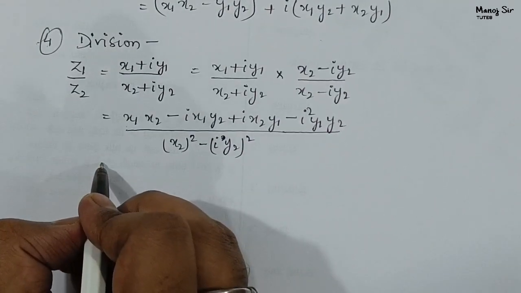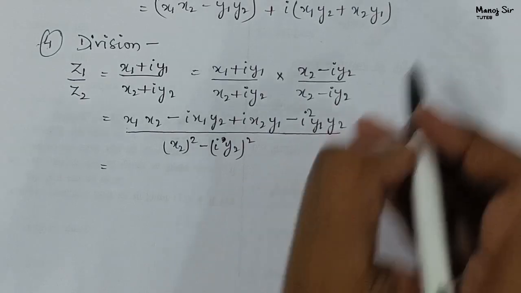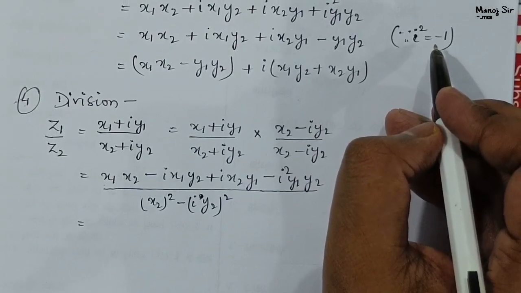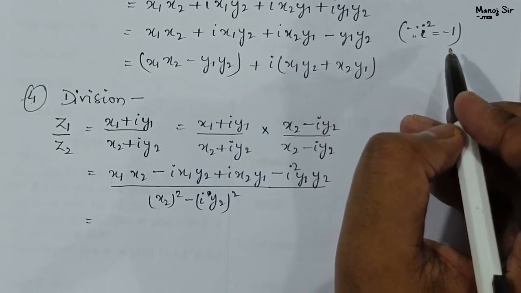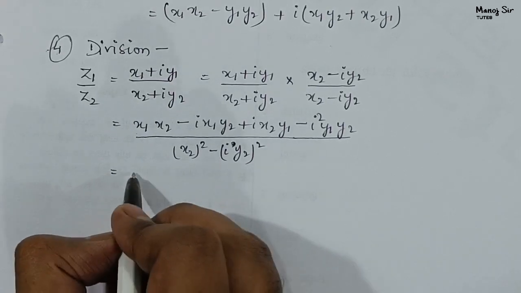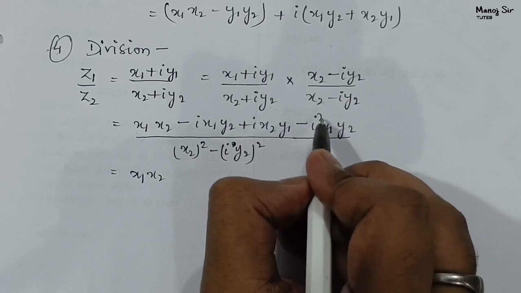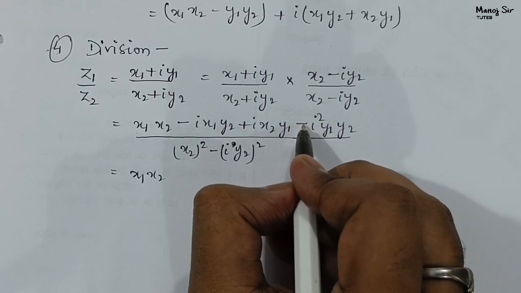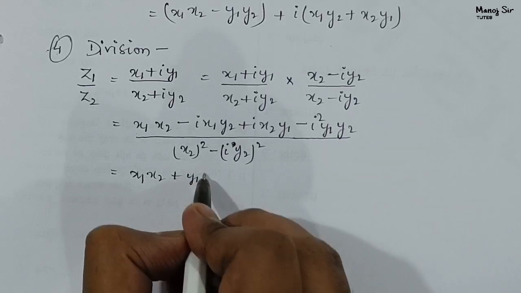Now this I square is what? This is minus 1. The value of I square is minus 1, so we can write this as x1 x2. Here we have I square, that is minus 1, so minus minus will become positive, so plus y1 y2.